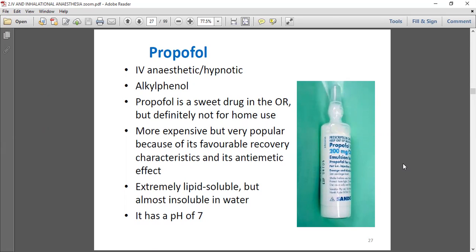We said for a drug to be good, during its absorption, it is supposed to be lipid soluble. So it will easily cross the blood-brain barrier because it's highly lipid soluble. And it has a pH of 7, therefore it's neutral.